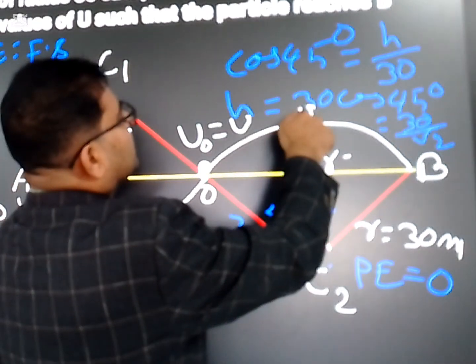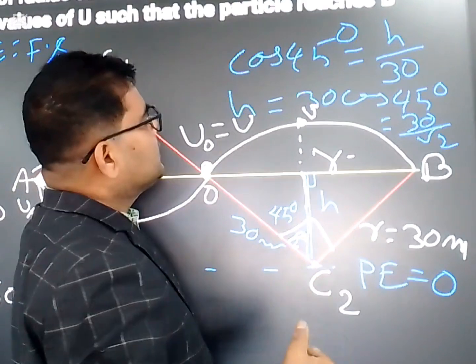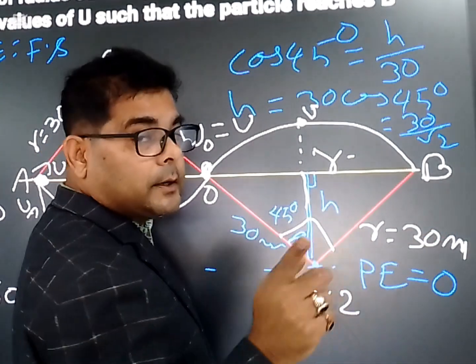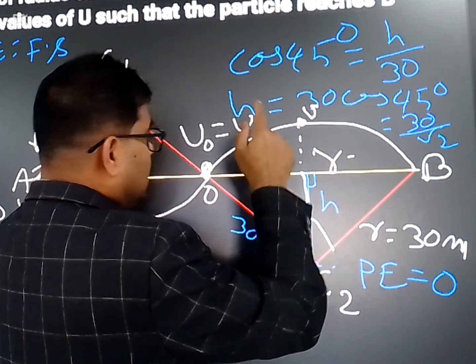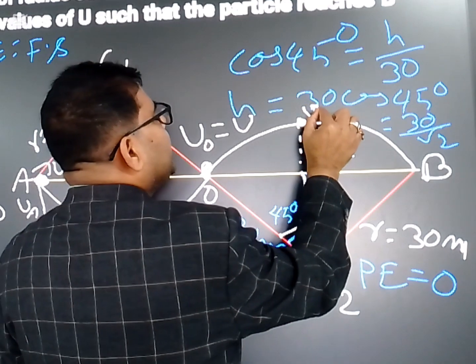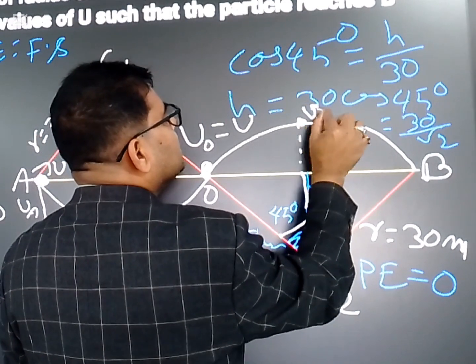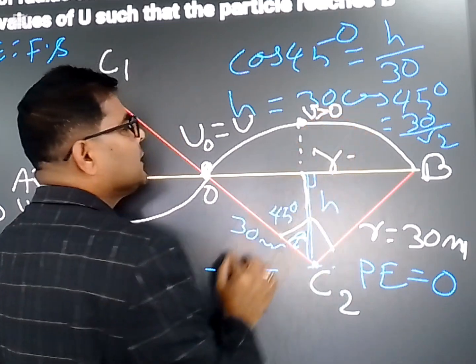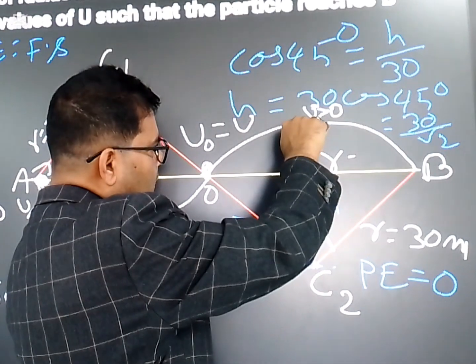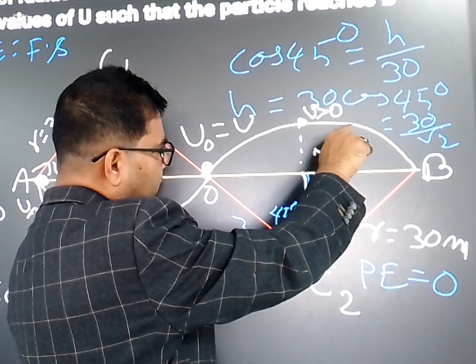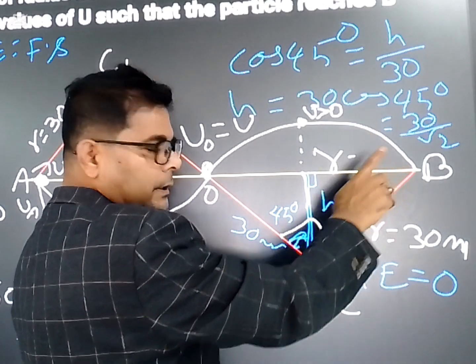If this is the minimum velocity, it is very close to 0 but not 0. If it is 0, then it will not move. If the velocity is slightly bigger than 0, the particle will move to the other side from this top and reach B.